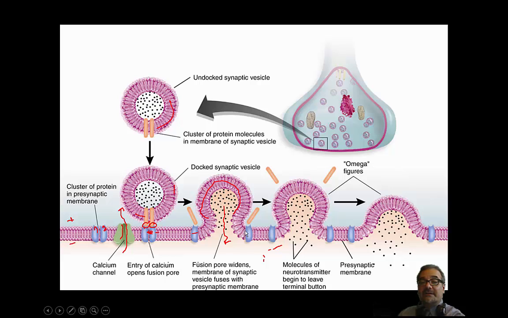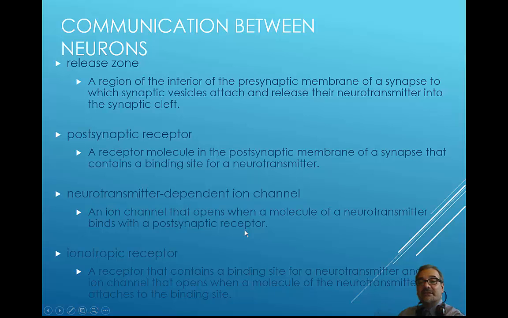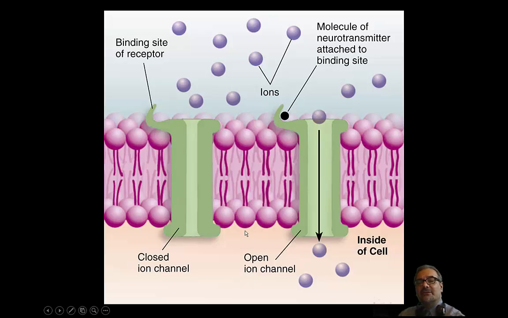Now, we've covered the process of the release of the neurotransmitter. What happens on the other end, on the postsynaptic neuron? On the postsynaptic neurons, what you're going to see are channels.